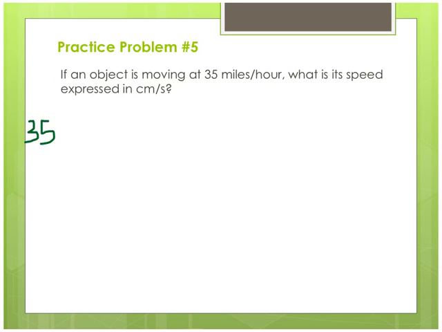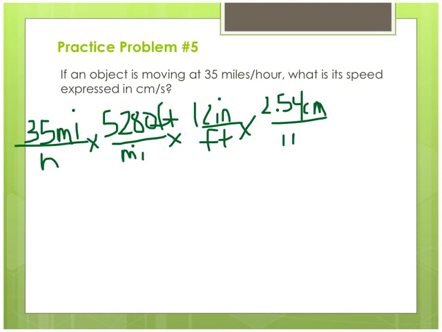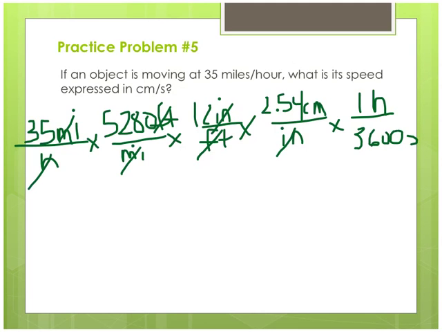So 35 miles per hour times 5,280 feet per mile times 12 inches per feet times 2.54 centimeters per inch, and then times 1 hour is 3,600 seconds. So miles, feet, inches, all cancel out. Hours cancel out, so we're going to end up with centimeters per second.